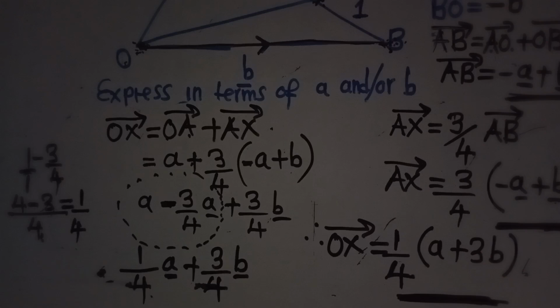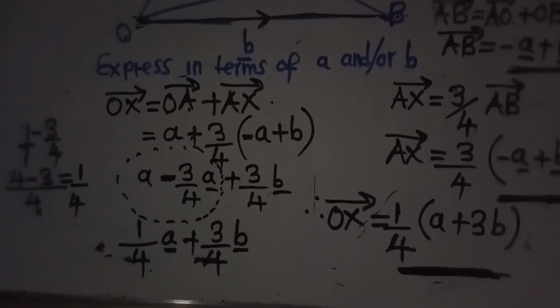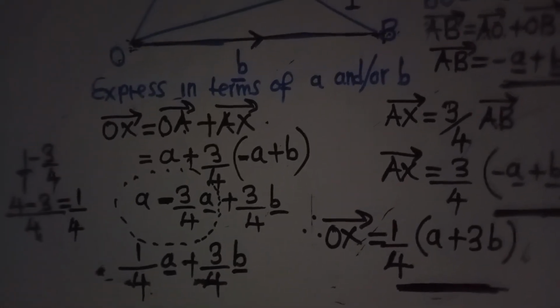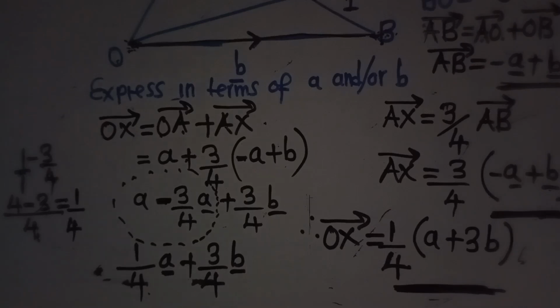Have you seen? So this is what we are supposed to do. These are some of the things that we need to know and understand. So just like this, you know how to answer questions under vectors. So these are methods that need to be used. This is what you need to get and understand.